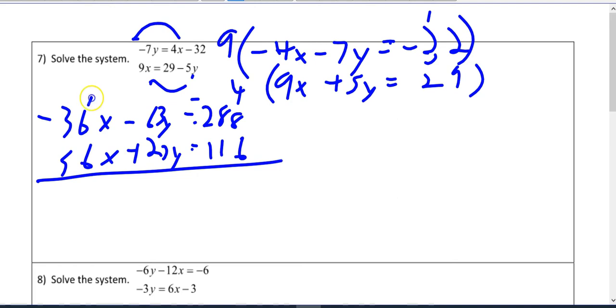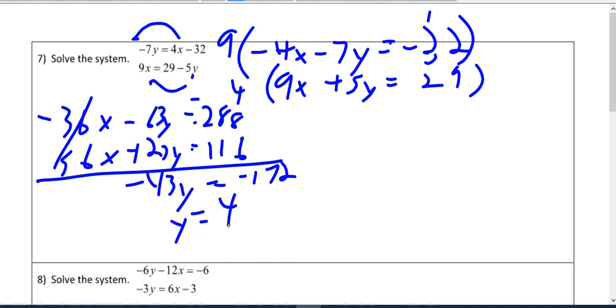Now when I add these together, the x's cancel. I'm going to get negative 43y, okay? And then 116, be careful of the signs, minus 288 is going to give me negative 172. Now when I divide by negative 43, I'm going to get y as 4.